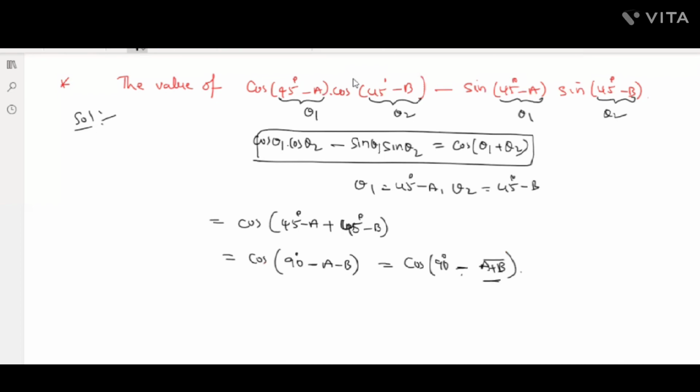Let us assume this as theta. So cos 90 minus theta, this is the first quadrant only, so this is an odd angle, so we'll get sin theta. Sin theta means here a plus b, sin of a plus b.